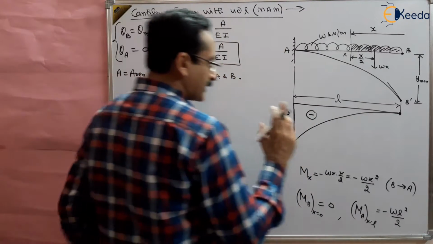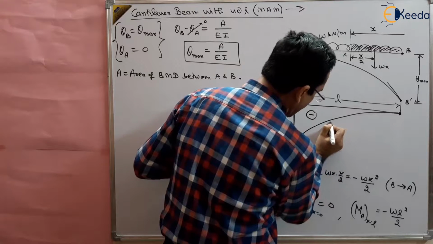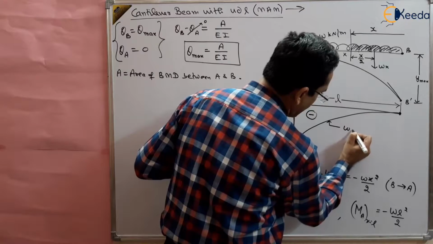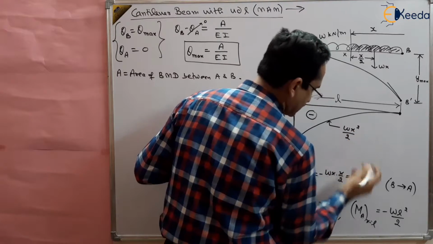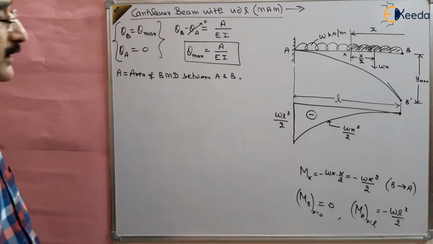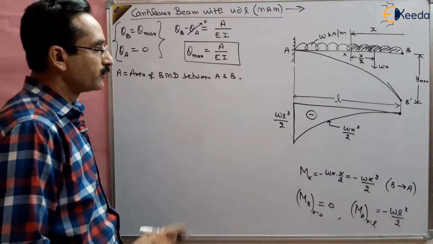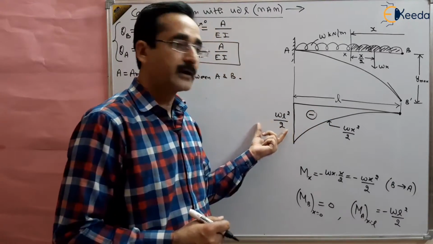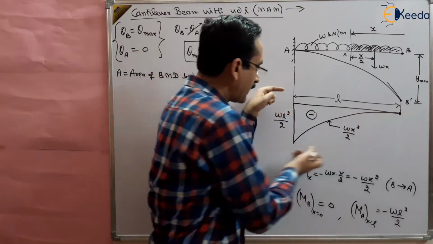So this is a parabolic curve. You can see here, this is Wx square by 2, a function of x square, so the curve is a parabola. What is the area of a parabola? For a triangle, the area is half into base into height. For this type of parabola, we already know mathematically that the area is 1/3 of base multiplied by height.